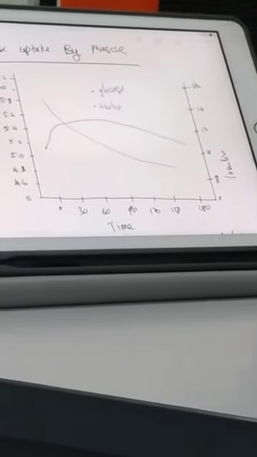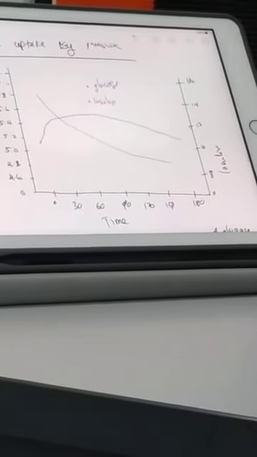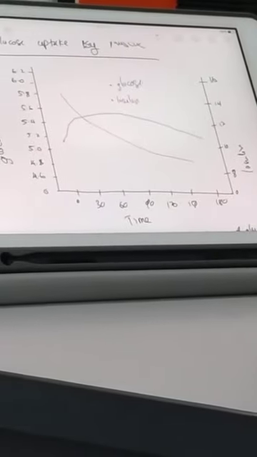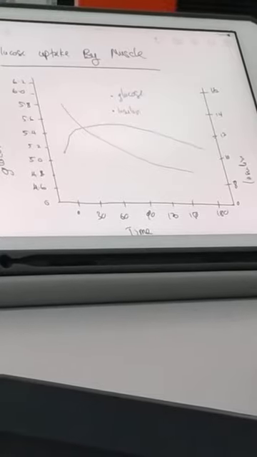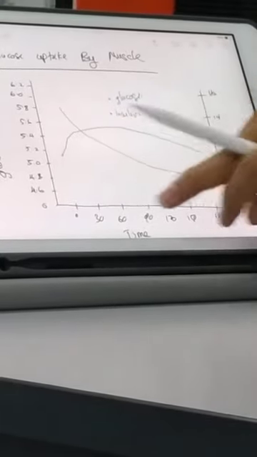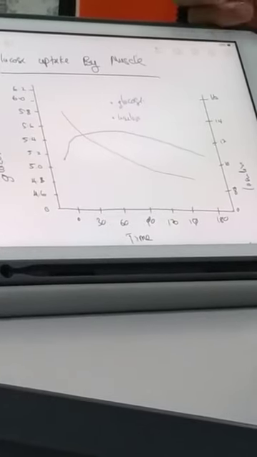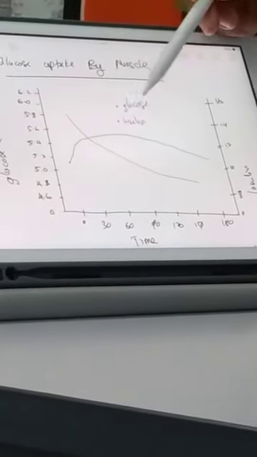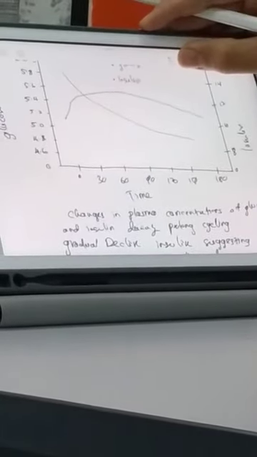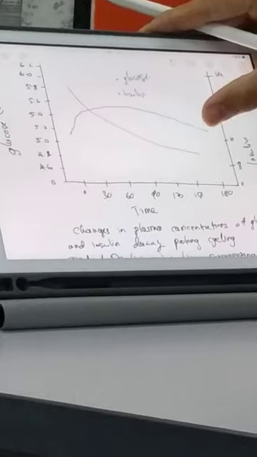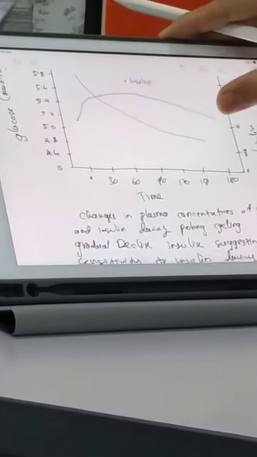Okay, glucose and insulin during the exercise. We know the glucose level in the body will reduce following the time of the exercise. This graph shows us changes in plasma concentration of glucose and insulin during prolonged exercise.